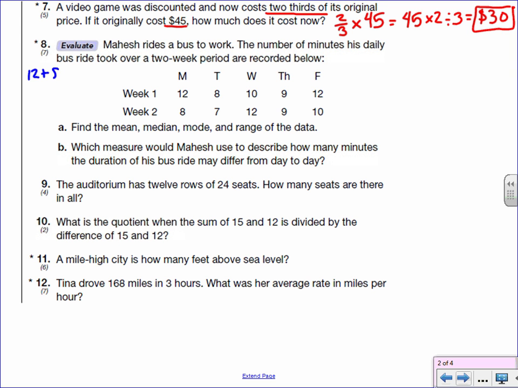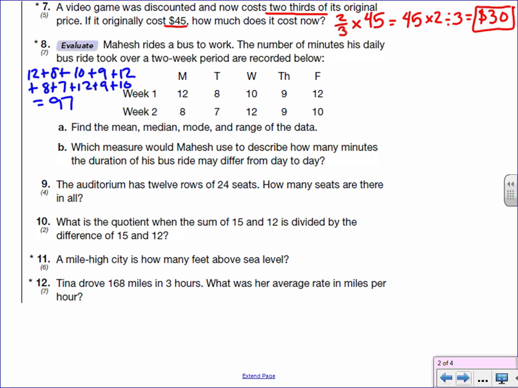12 plus 8 plus 10 plus 9 plus 12 plus 8 plus 7 plus 12 plus 9 plus 10, and that equals 12 plus 8 is 20, plus 10 is 30, plus 9 is 39, plus 12 is 51, plus 8 is 59, plus 7 is 66, plus 12 is 78, plus 9 is 87, plus 10 is 97, and then we take 97.